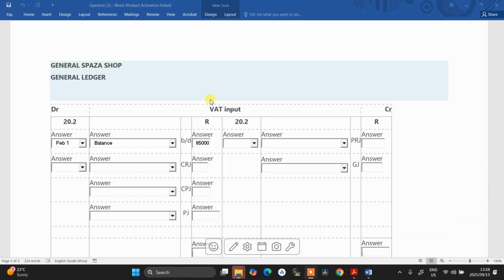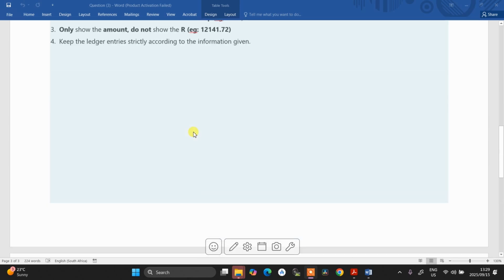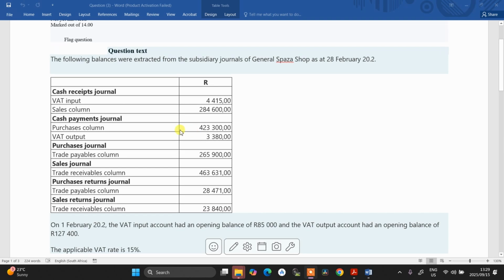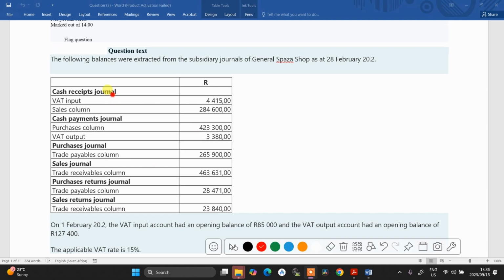If you look at this VAT input account that you are given here, they've already told you the subsidiary journals that you are supposed to get the information from when compiling this. In terms of the cash receipts journal, we have this VAT input here.